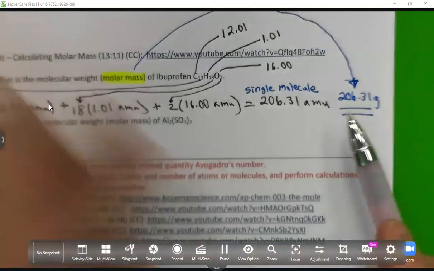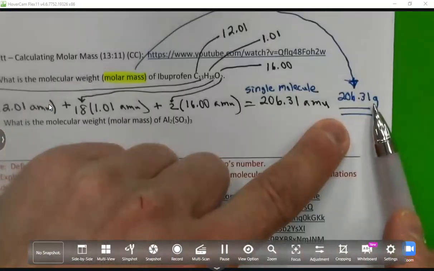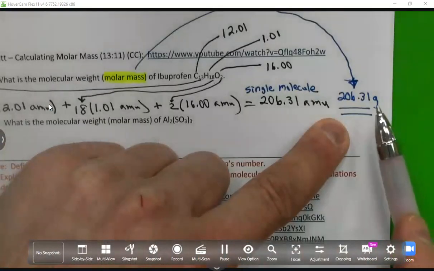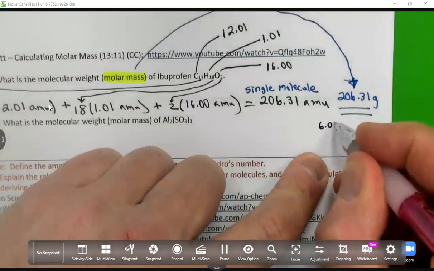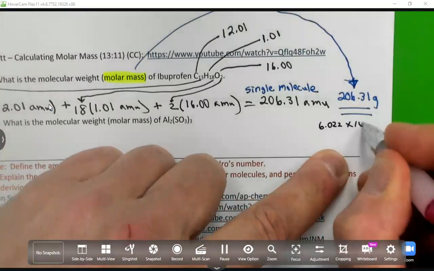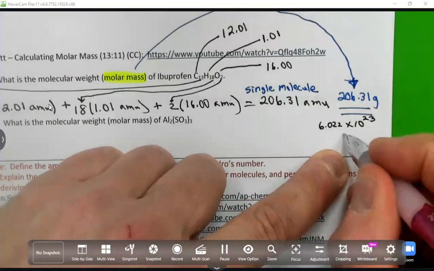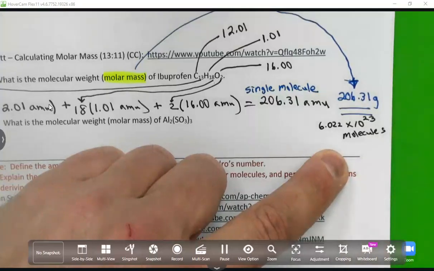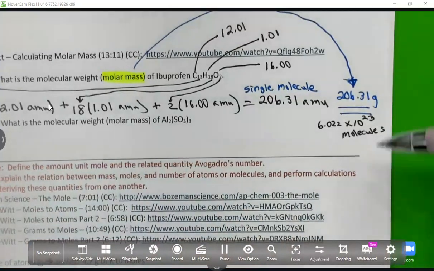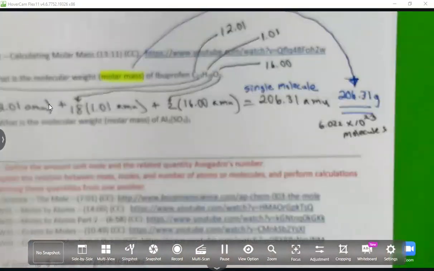But if we have a mole, it's this many in grams. This is for 1 mole. This is for 6.022 times 10 to the 23rd molecules. Anytime we use grams, we have a mole. And every time we have a mole, how many units do we have? 6.022 times 10 to the 23rd.